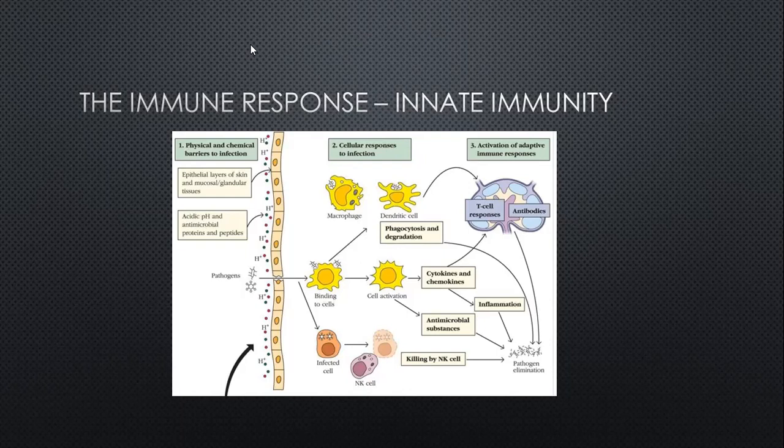Okay, we're talking about the cells that can develop the process of phagocytosis, which, for example, are the dendritic cells. So we're talking about the same cell, but it takes a new name. Do you know what name it is right after phagocytosis?